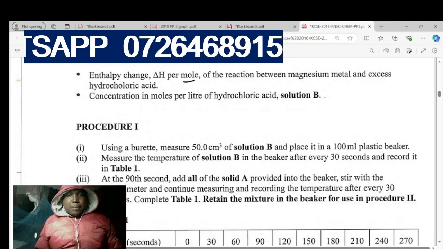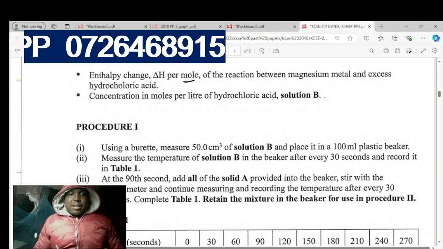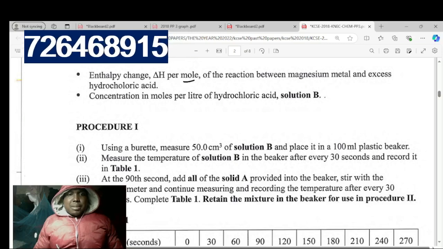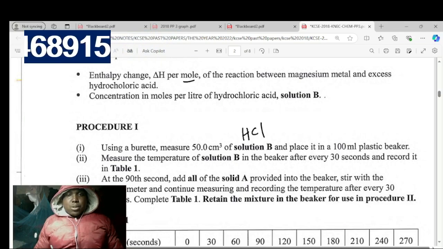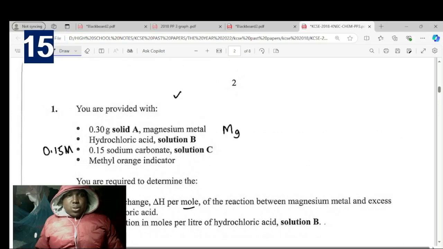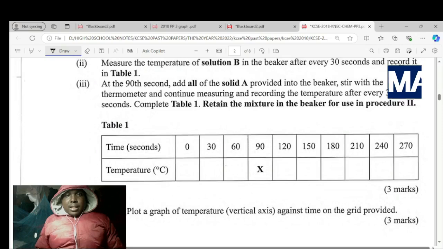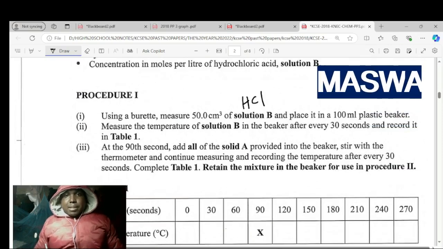Procedure. It is important for you to understand the procedure, what is happening in the procedure. Using a burette, measure 50 cm³ of solution B, and remember our solution B is HCl. If you doubt, you go back and check. Place it in a 100 cm³ plastic beaker.